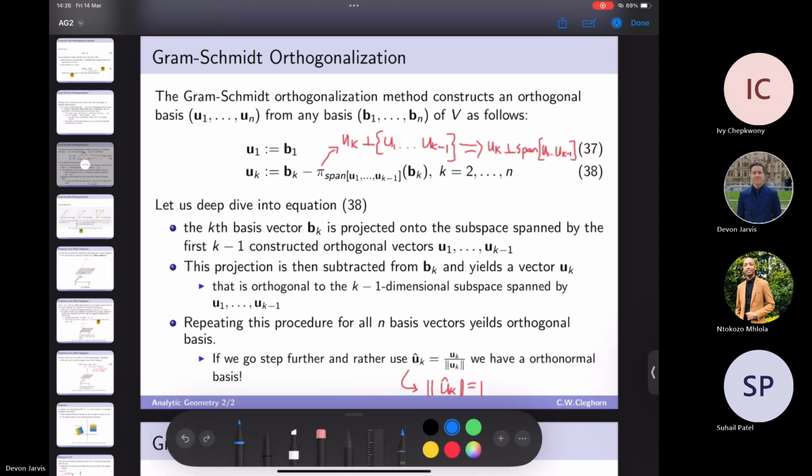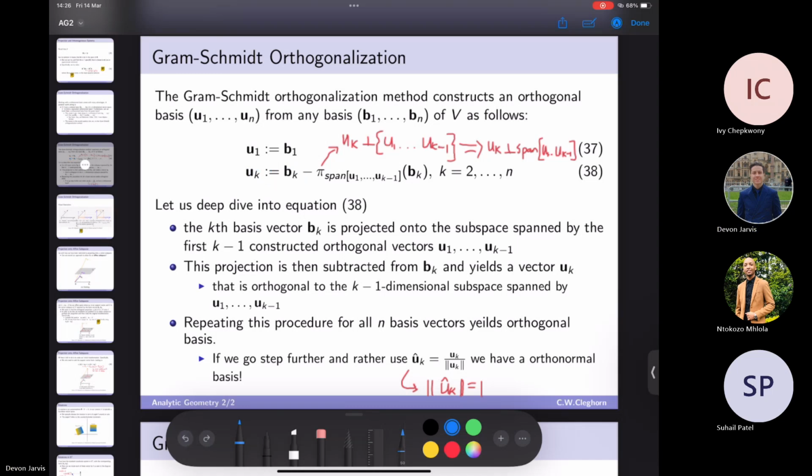Okay, step one. Step two is then for every other basis vector in the set, I'm going to construct a corresponding U vector for it. So for any k-th vector in my basis, obviously k is not equal to 1 in this case, I'm going to construct Uk.